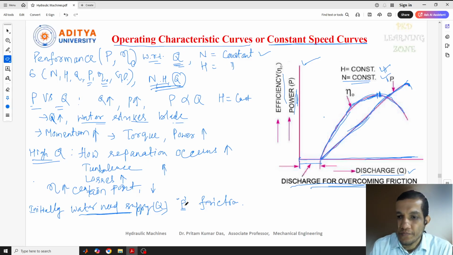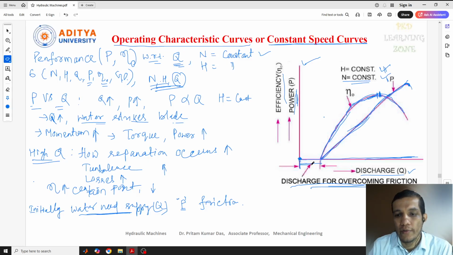Again, a turbine cannot produce power immediately. At zero discharge, the origin point, there is no chance of power development. That is one more reason. The efficiency is the same: at zero discharge, how will it start?